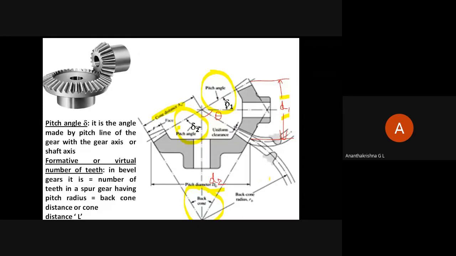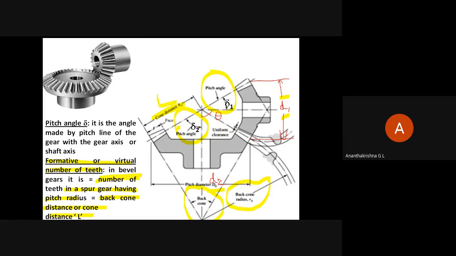This is the back cone radius, because we need to know the formative or virtual number of teeth here. It is the number of teeth in a spur gear having pitch radius equal to the back cone distance or cone distance L. Back cone distance, that is the cone distance here.